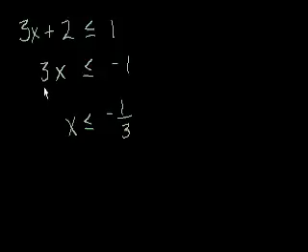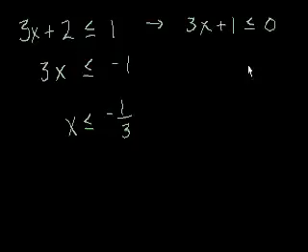We could have actually done this equation in a slightly different way. What if we subtracted 1 from both sides? So this is another way of solving it. What if we said 3x plus 1 is less than or equal to 0, right? I just subtracted 1 from both sides. And now let's subtract 3x from both sides. And we get 1 is less than or equal to -3x, right?